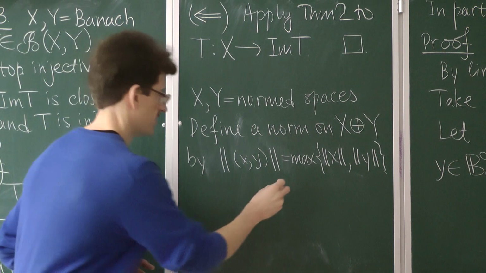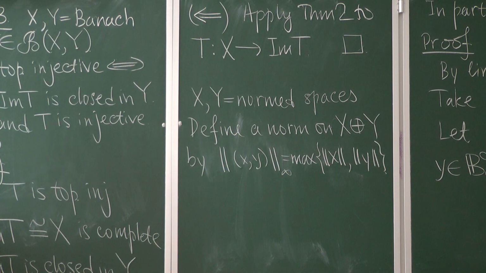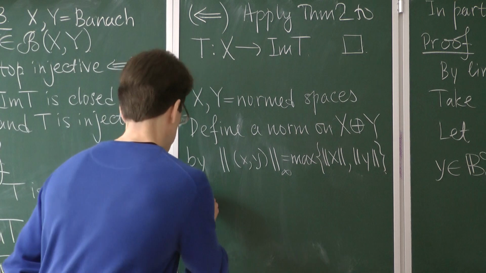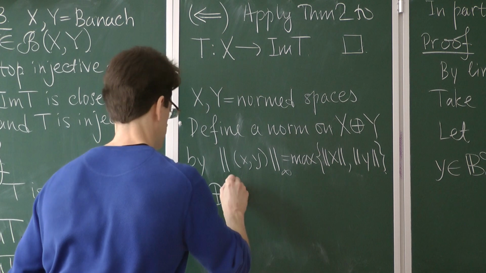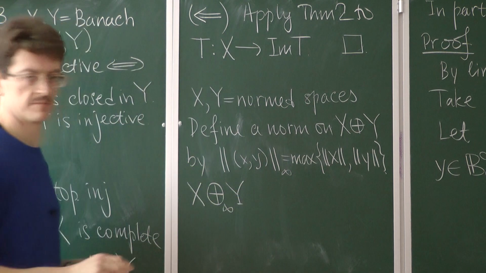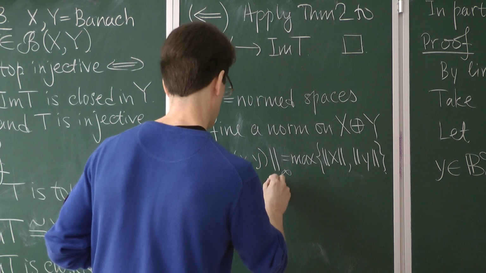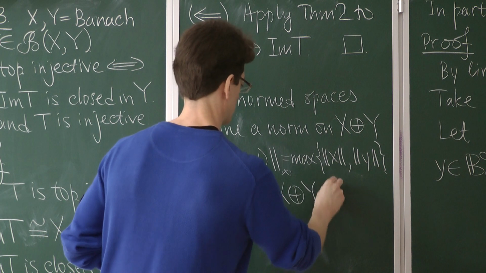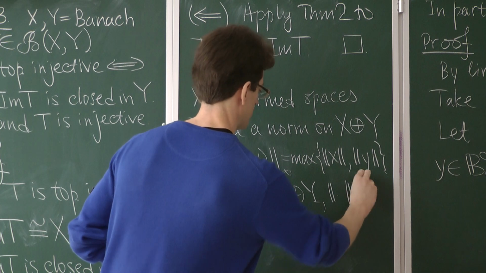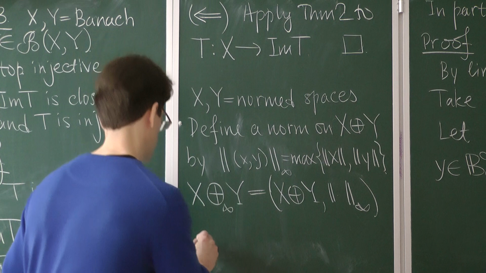So the resulting norm in this space will be denoted by the following symbol. This is the direct sum equipped with the above norm, and we call this space the L infinity sum of X and Y.